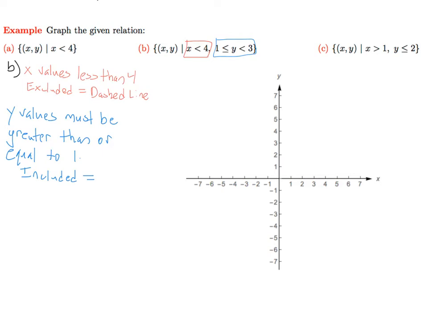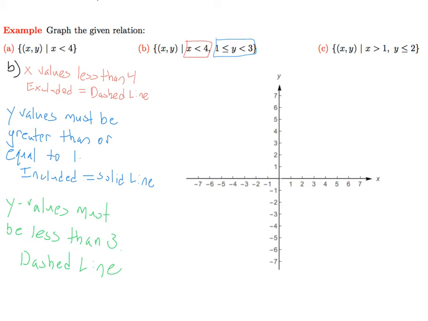So we're going to use a solid line to indicate we want to include those points. And we also need the y coordinates to be strictly less than 3. And because these are excluded, we get a dashed line here.